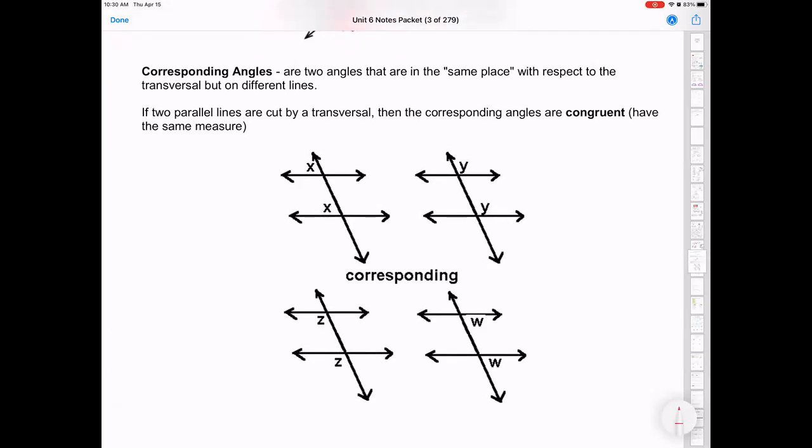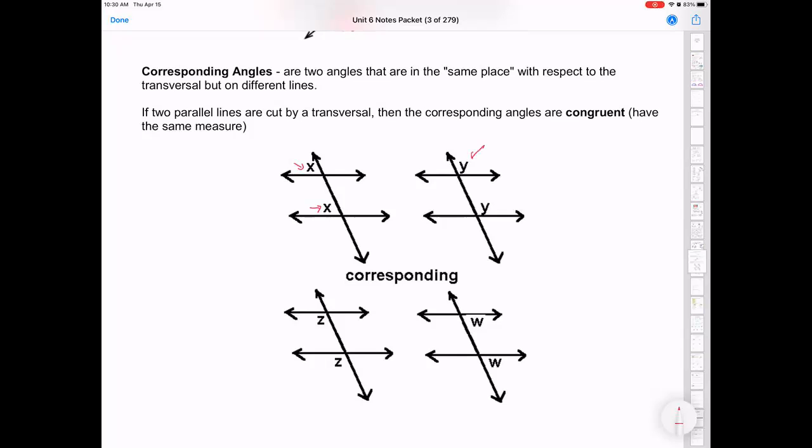Usually for students from year to year, they don't have much of an issue on this just because visually they can see it. They can see that they should match. So for example, this one on the X and this one on the X, those are corresponding angles. One's on the inside of the two parallel lines, one's on the outside, and they have that same position, that same place on the transversal.